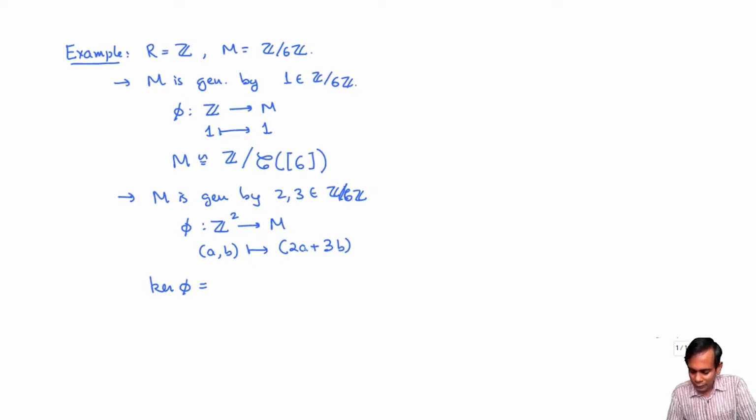In particular, if a is a multiple of 3, then 2a will be a multiple of 6. And if b is a multiple of 2, then 3b will be a multiple of 6.